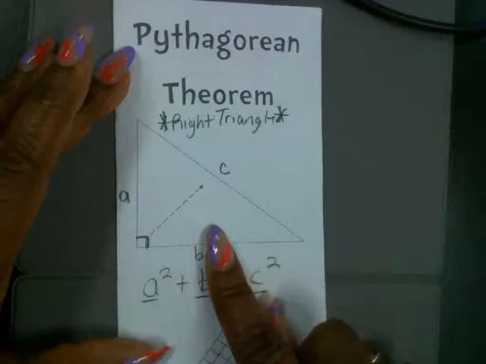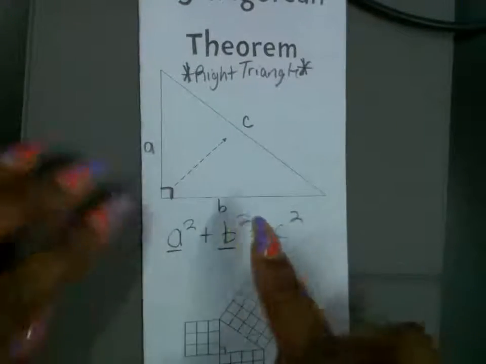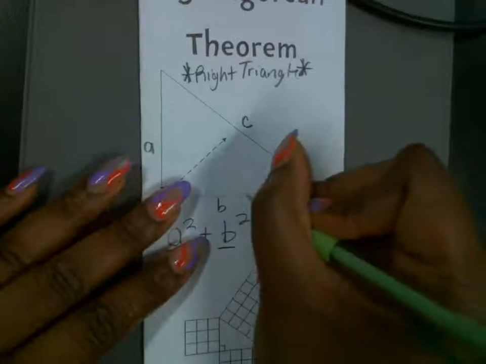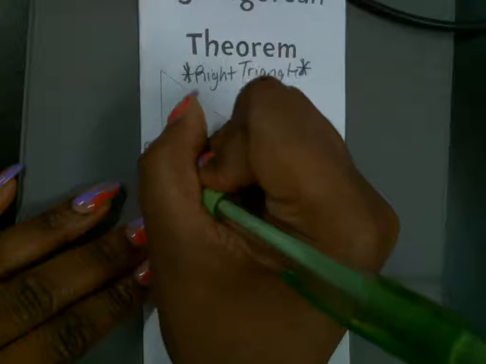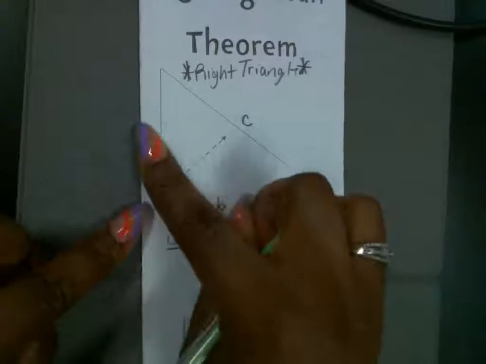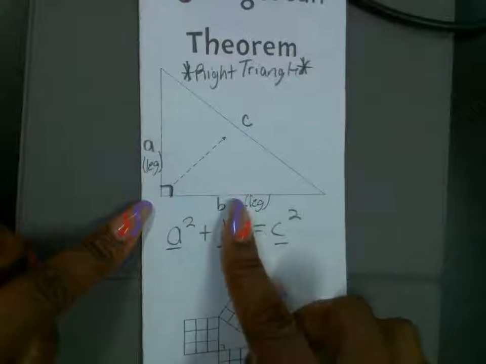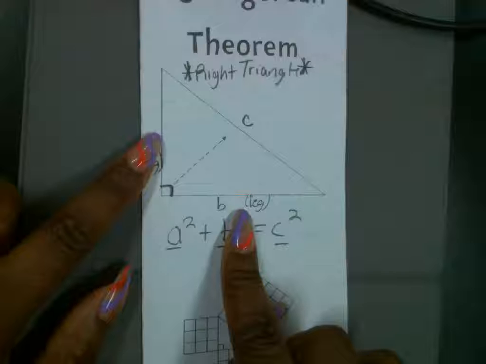Your A and your B lengths, and I probably should write it down here, are called legs. This is a leg, and this is called a leg. These are your legs. So it's okay to label this B and this A, or this A and this B, because they're both considered legs.